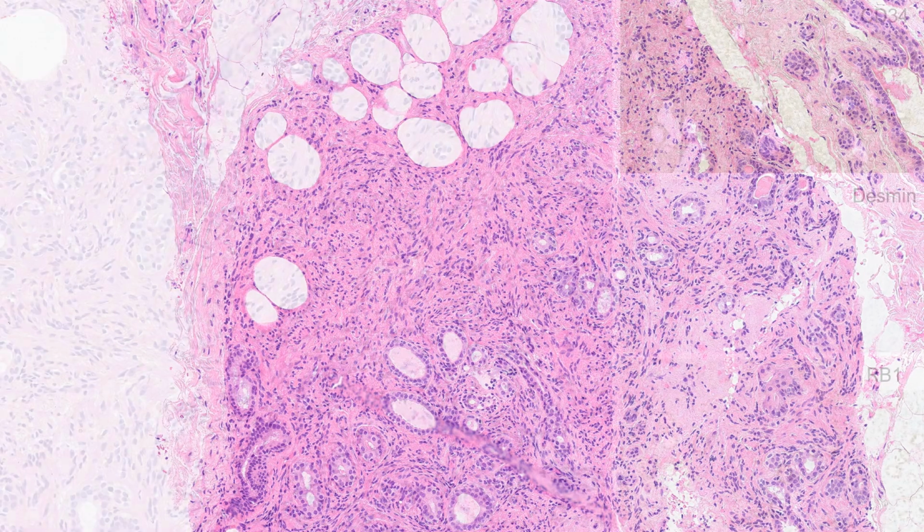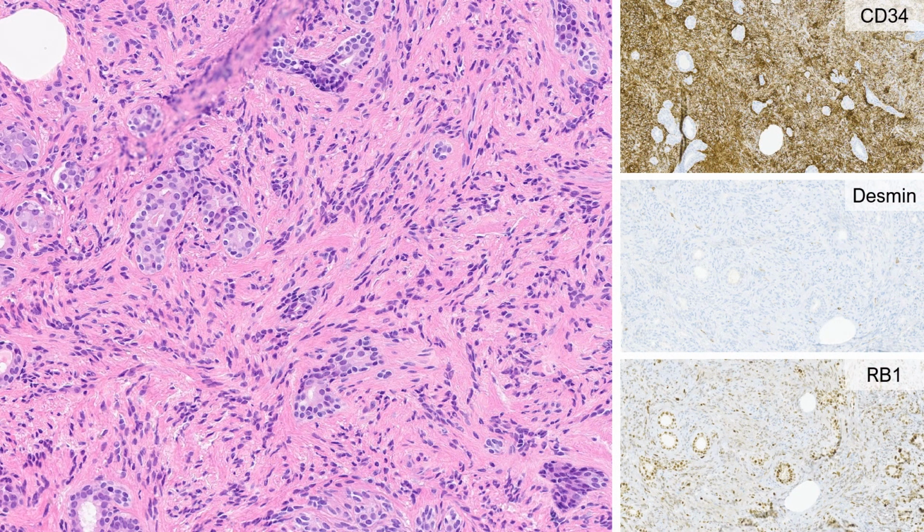By immunohistochemistry, I saw that this was a lesion that was positive for CD34, but it was negative for desmin. RB1 is a little bit trickier to interpret, but definitive areas of loss were not seen within the stromal component. Just again shown here, though, I think that the stromal component of this lesion really does resemble a mammary type myofibroblastoma.